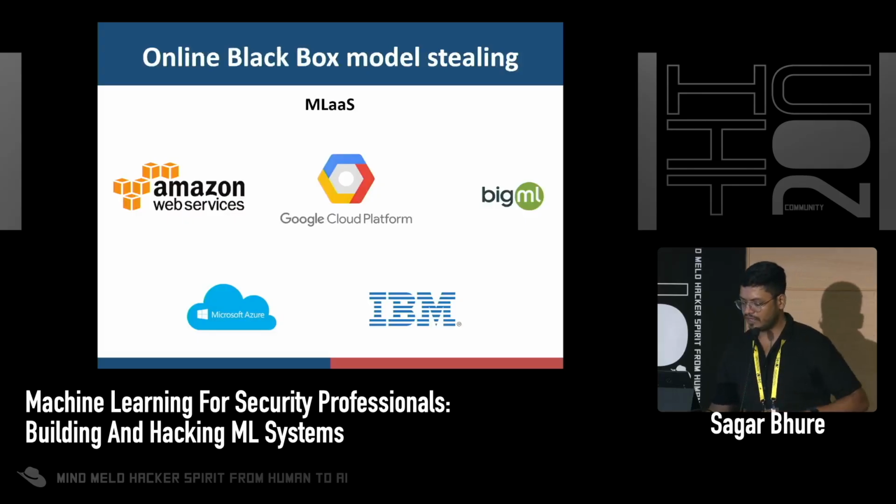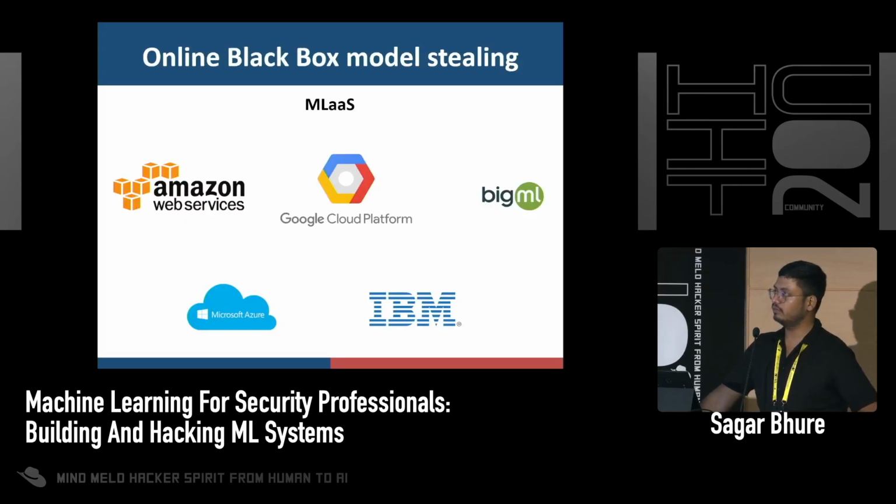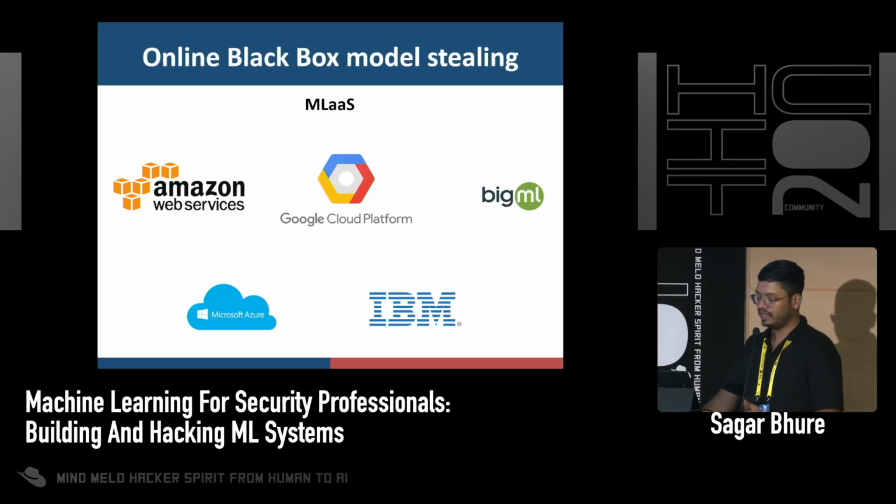Okay, online black box model stealing attack. These are some of the resources, like Vortex AI and BigML, which give ML as a service, where you access the ML service as APIs, make an API call, and the computation is done on the server side. You just get the result, just like what we did with Teachable Machine.